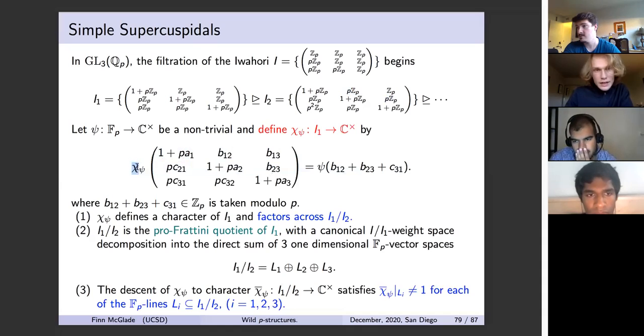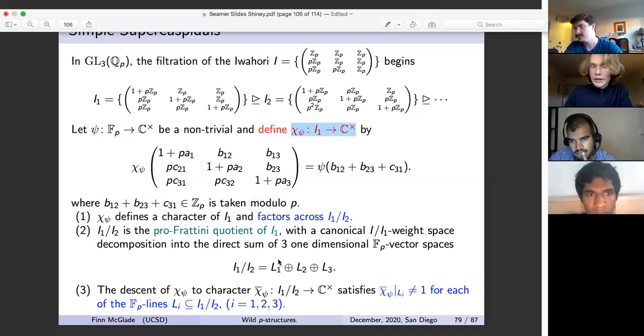The value of this character χ_ψ on such a matrix is just ψ of the sum of this entry with this entry with this entry, but you have to consider the sum mod p. This sum here is some p-adic integer. I can take it mod p and plug it into this character ψ, and that gives me a complex number. In doing so, I've defined a character of this subgroup I1.